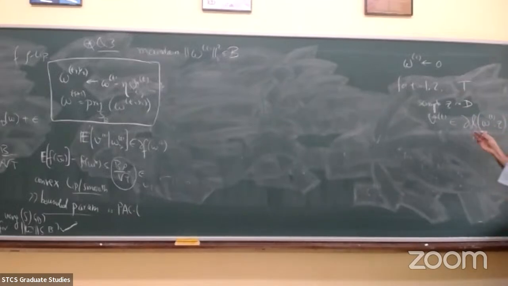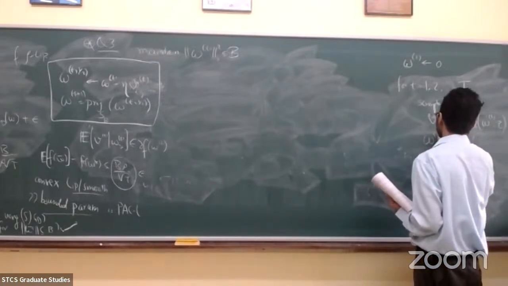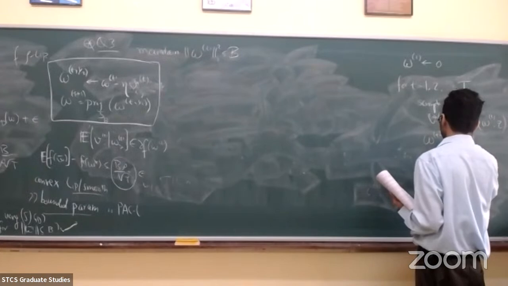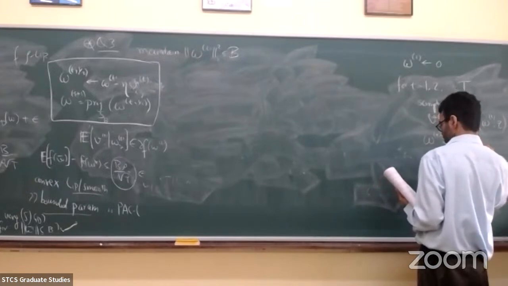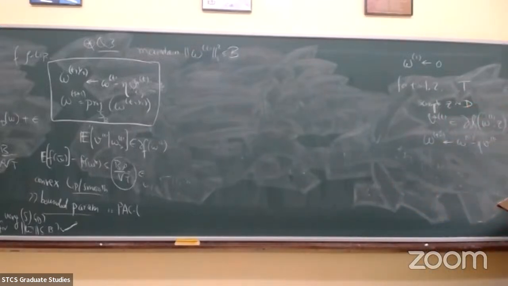And then I just pick something from the subgradient set. And then I update WT. So that's it.